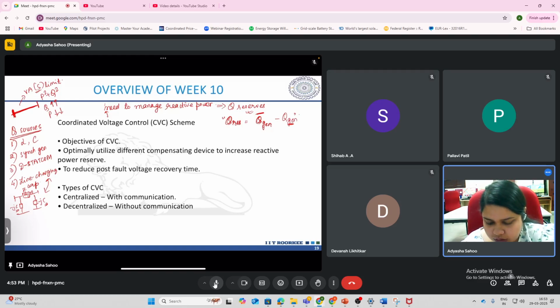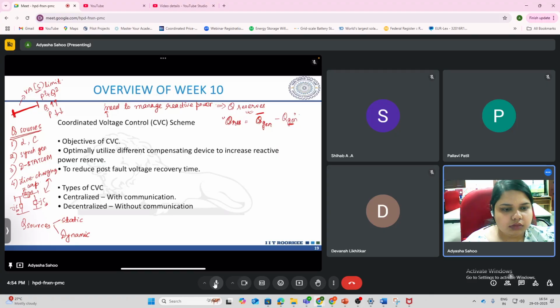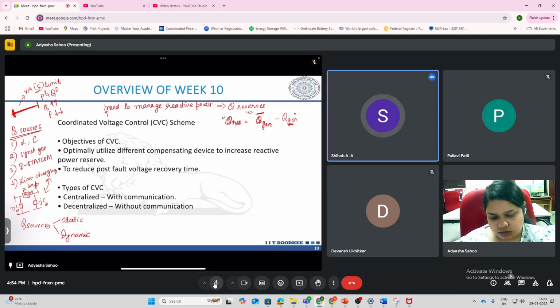So now we can divide these Q sources into two types, static and dynamic. What is the difference between static sources and dynamic sources? Yes.